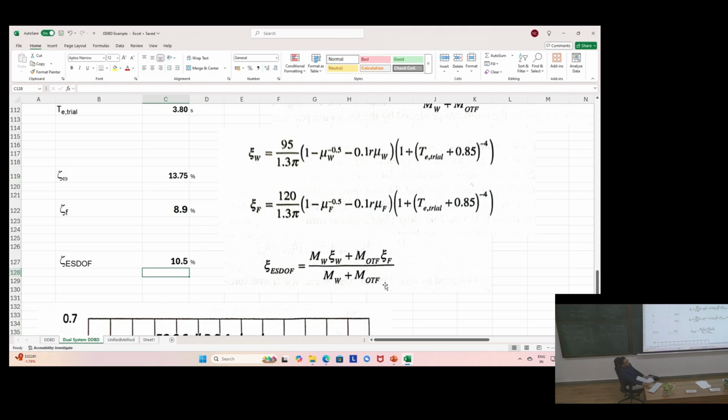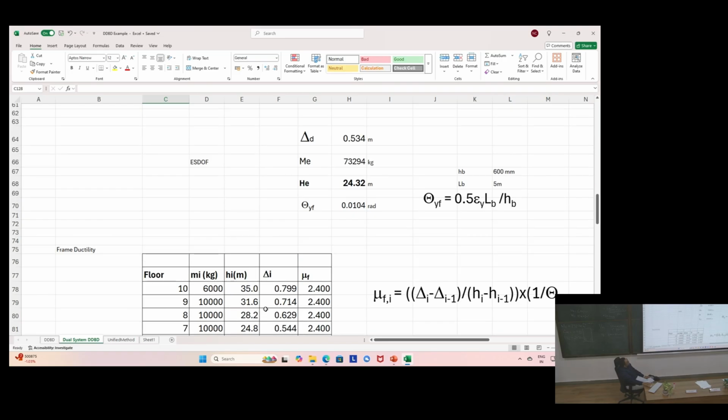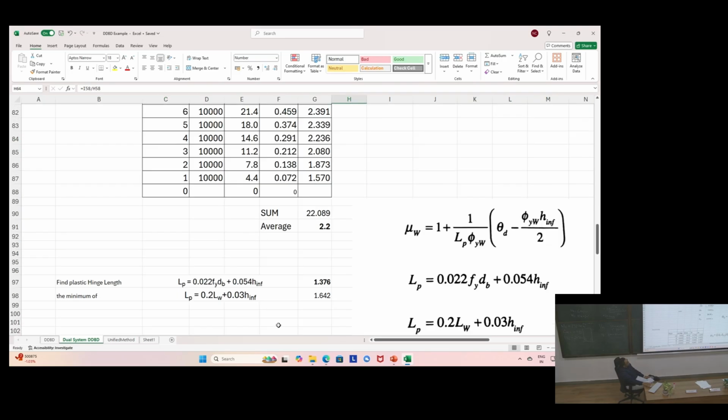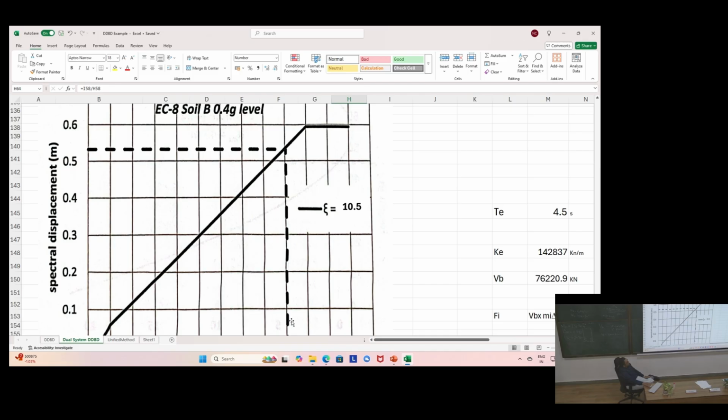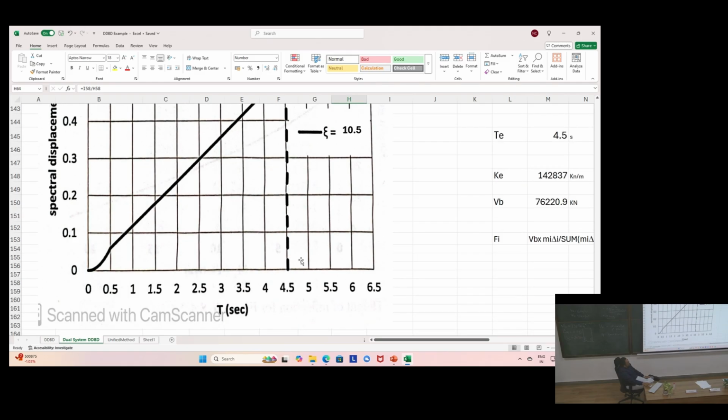So now you have the effective damping of the single degree of freedom system, which is roughly 10.5, give or take. Somewhere you have delta D, 0.534. We'll go to our displacement spectra for xi 10.5. Our displacement 0.534, right? And we pick up our time period as 4.5 seconds.